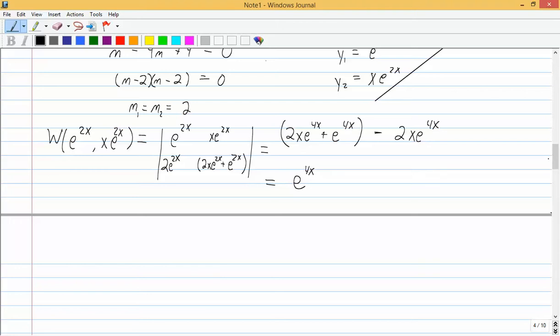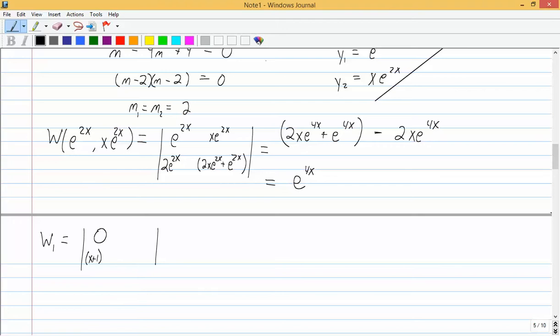our Wronskian. Now we need to figure out our Wronskian sub 1 and our Wronskian sub 2. Wronskian sub 1 is going to be, you always put in the left column 0 and f of x, whatever the function is on the right side.